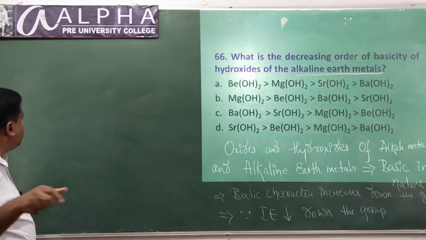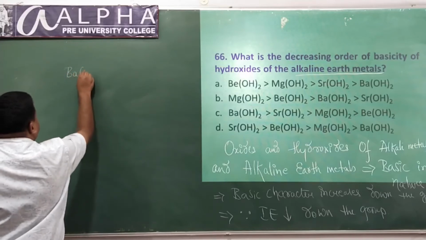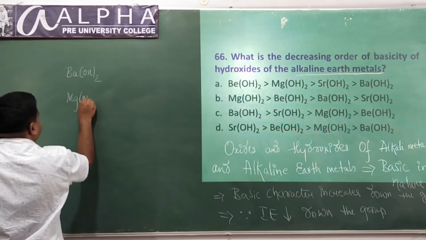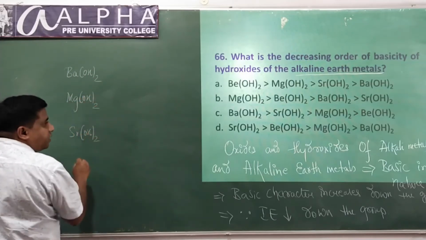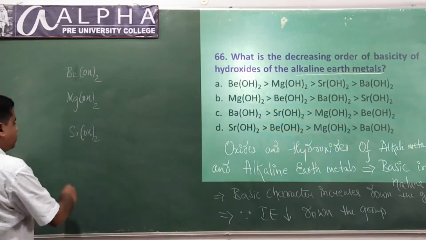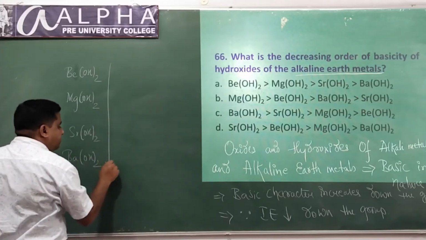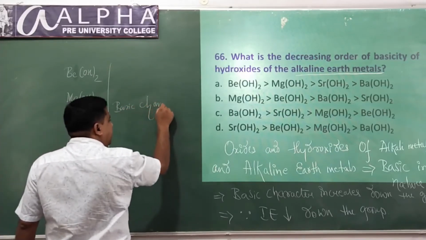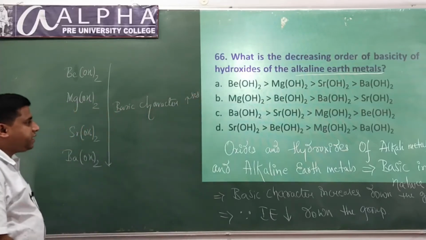Down the group, we have beryllium hydroxide, magnesium hydroxide, strontium hydroxide, and barium hydroxide. So down the group, basic character increases.